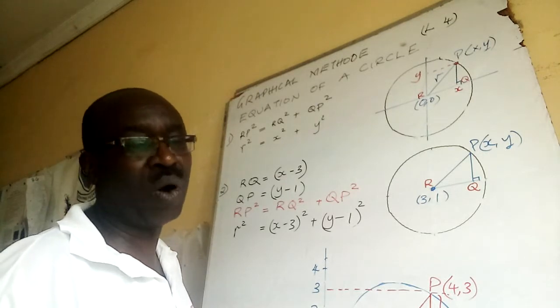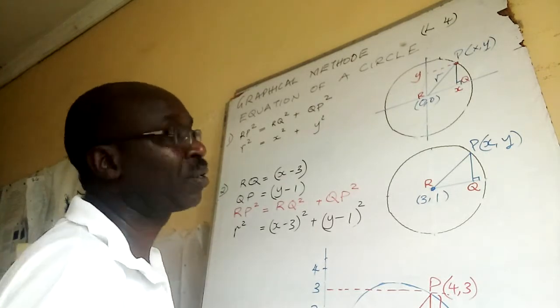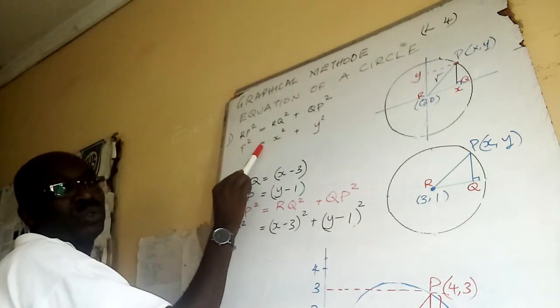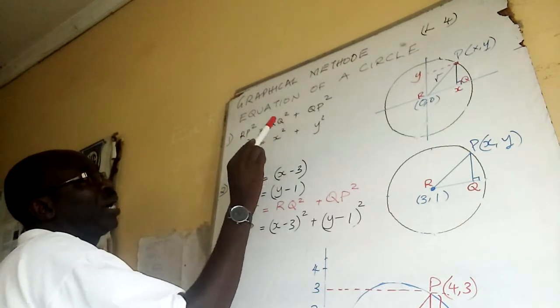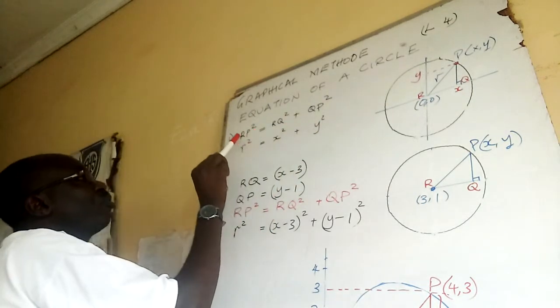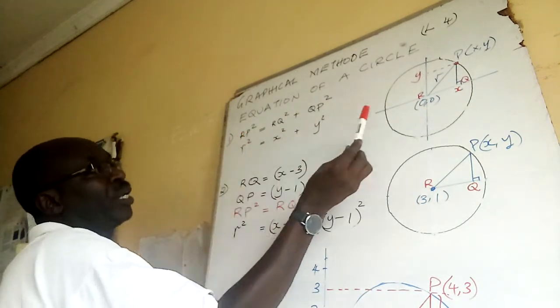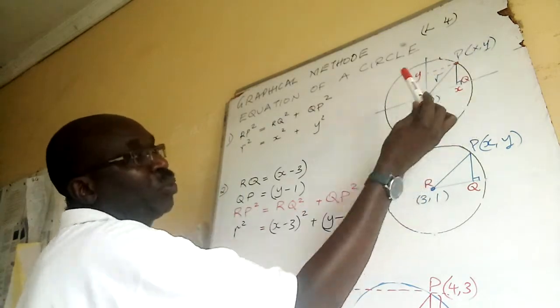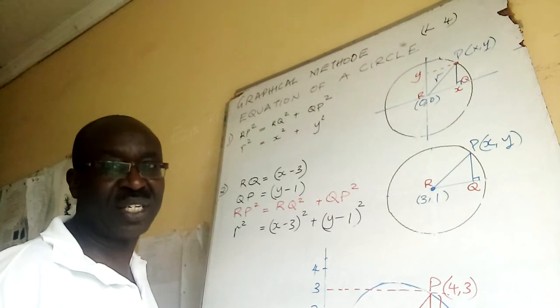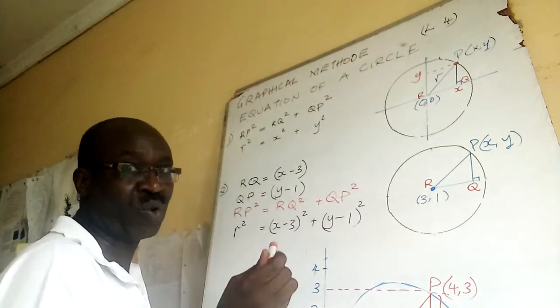Using the triangle PQR, hypotenuse squared is equal to adjacent squared plus the other side squared. So instead of RP, I put the letter R, rightly so, because it is the radius of that circle.